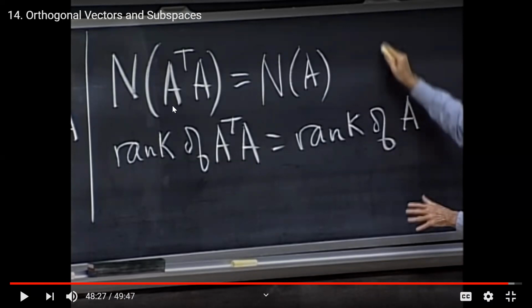So the null space of A transpose A is exactly the same as the null space of A. In other words, the rank of A transpose A depends on the rank of A. So if A is a full rank matrix, then there is a chance that A transpose A will also have full rank. And if it is full rank, then there is a chance that it will have an inverse. And when it has an inverse, then we can solve this equation.